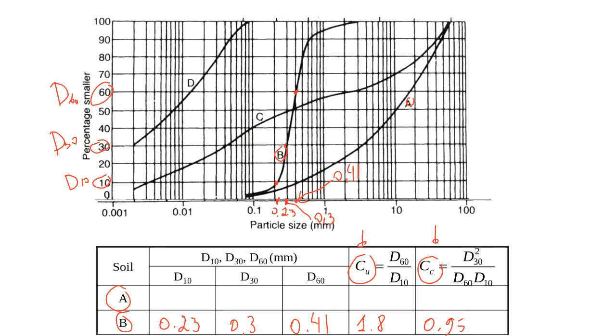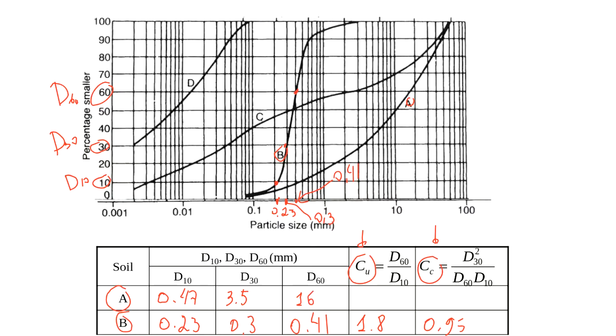I already have data for soil A, I'll just write it down here, but maybe you can practice later on by yourself. D10 is about 0.47. D30 will be 3.5. And D60 will be 16.